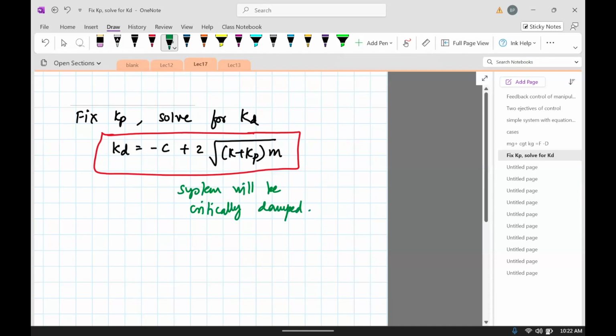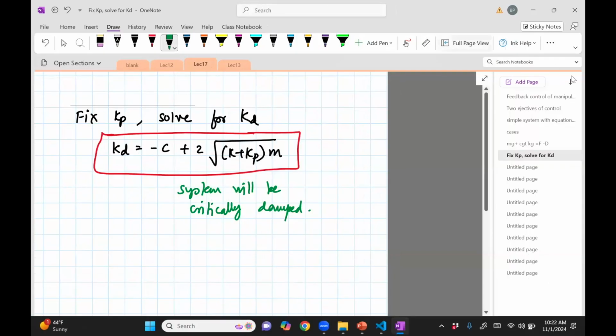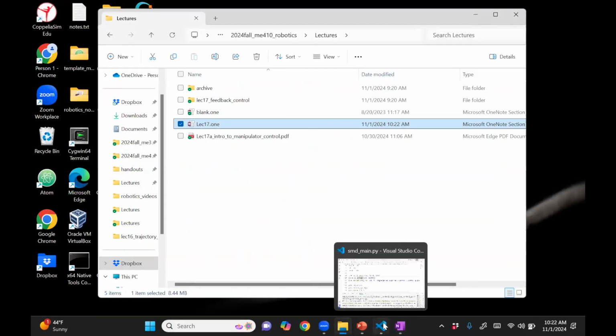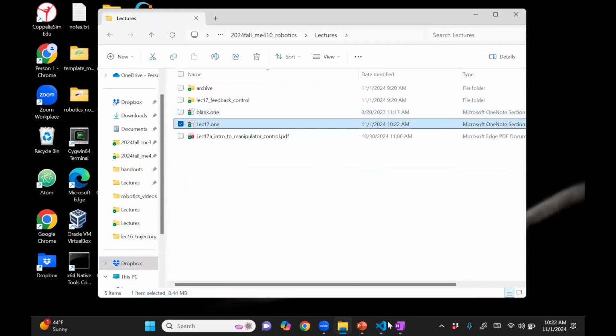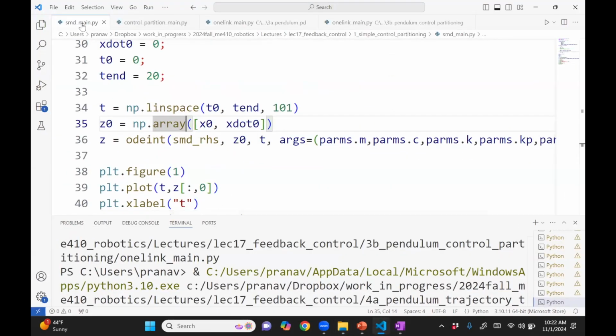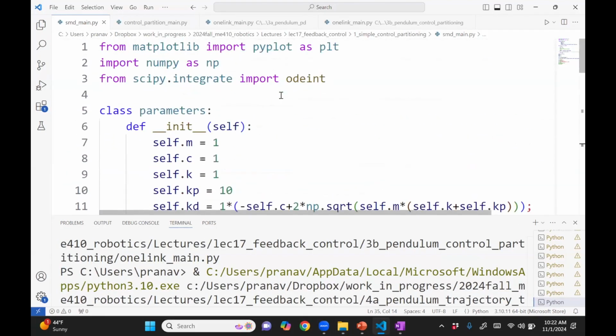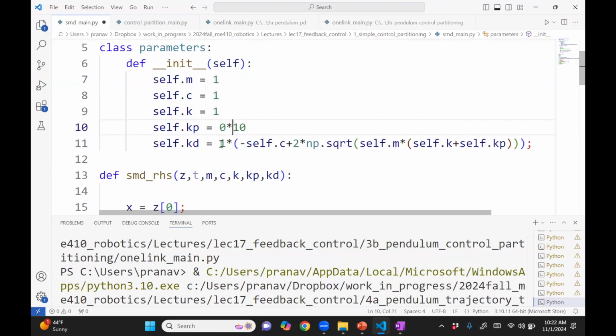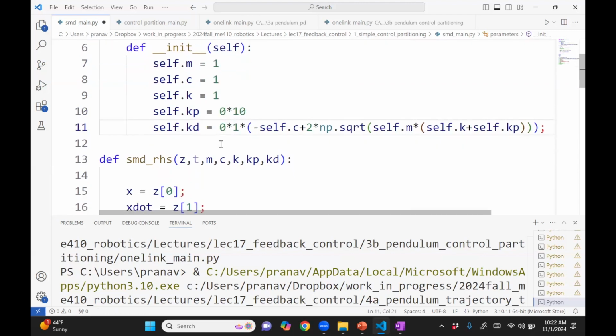So the best way to illustrate this is to look at a simulation. What I did first was I chose a system with a certain mass, C, and K, and let's put Kp and Kd as 0.